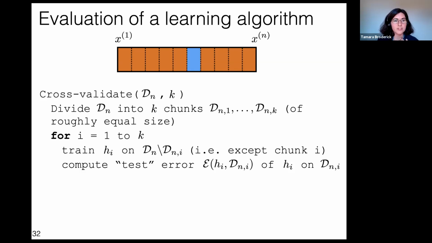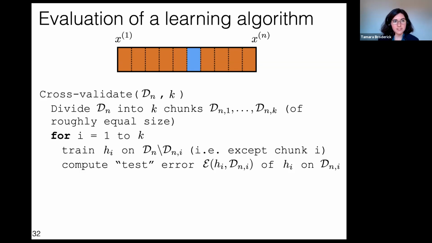The important thing is just that it was not seen by our learning algorithm. Here I'm using this notation E. It's a little different from how we defined test error before, but what I mean by this is: let's take our classifier Hi and look at its error on DNi. We can look at its loss on each point in DNi and then average that loss over all the points in DNi.